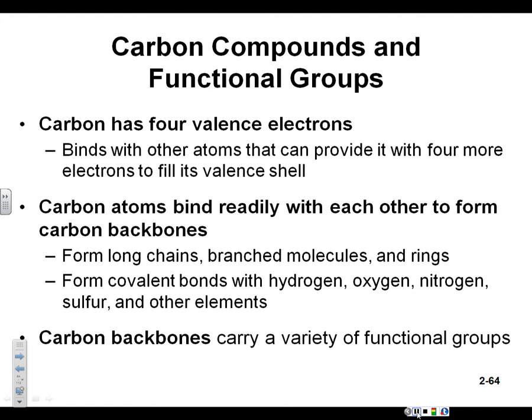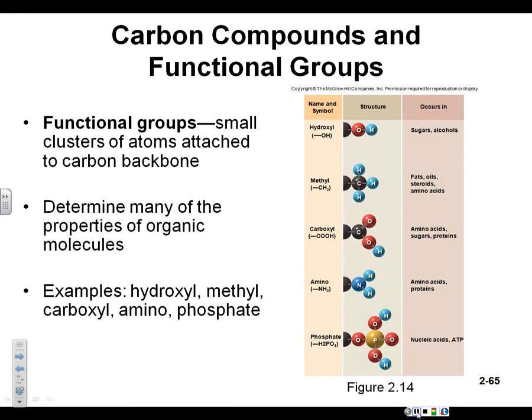So carbon can form a covalent bond with hydrogen, oxygen, nitrogen, and sulfur. Now when they talk about a functional group, these are groups that bind to things that give them their unique chemical characteristics, okay? So look at the figure.